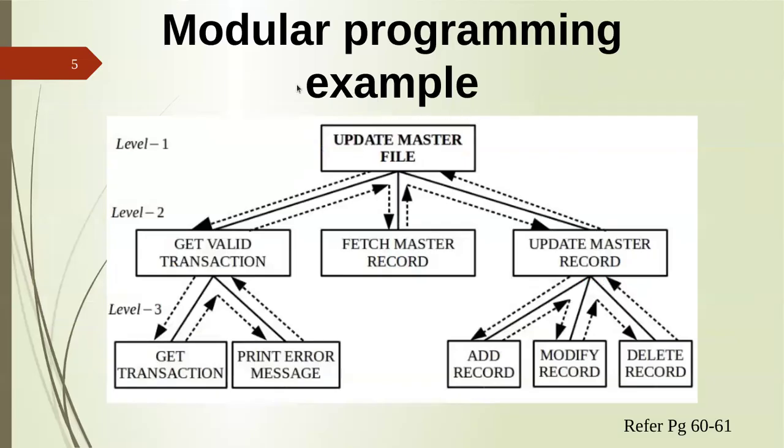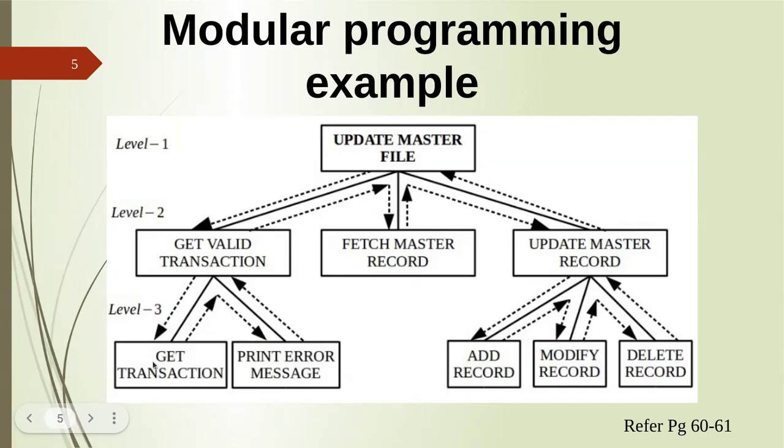Modular programming example. Level update. This is update master file. This is one program, but we divide it into get valid transaction, fetch master record, and update master record. These are three modules. Then we can subdivide further into get transaction and print error message.